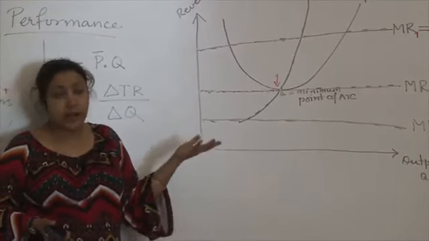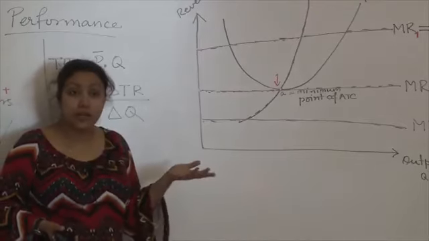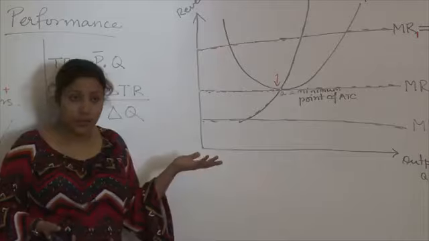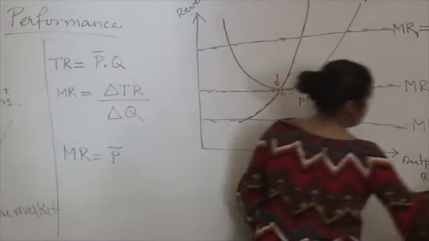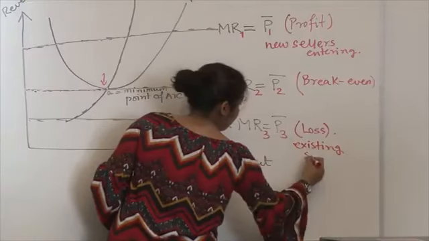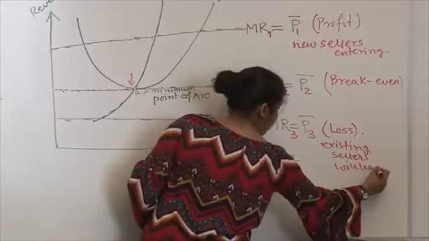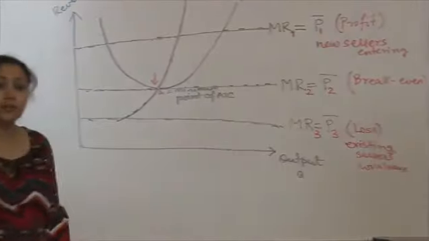again unattractive in the eyes of the seller, because the buyers don't care whether it's a profit or loss, right? So here what will happen is some existing sellers will leave. It's an unattractive market.